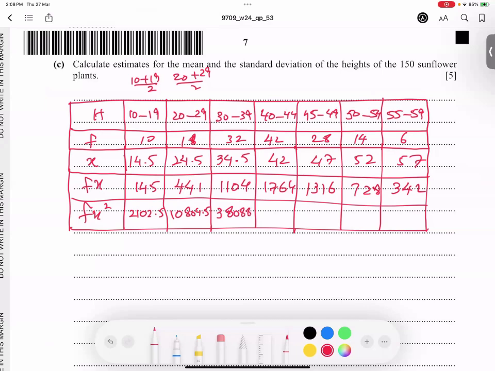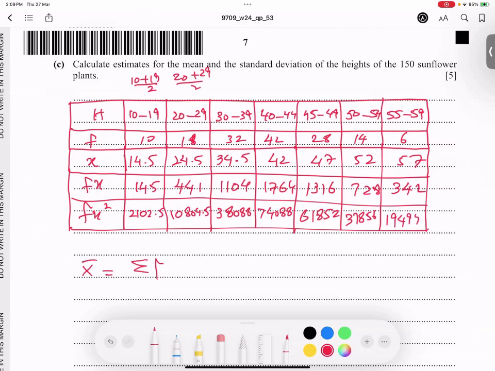And fx square, x is also the same, so 74088. And 28 times 47 square, and I'm getting here 61852. Then 14 times 52 square, and I get 37856. Then 6 times 57 square. This table is not compulsory, you can do it directly also, but a lot of risk is there.